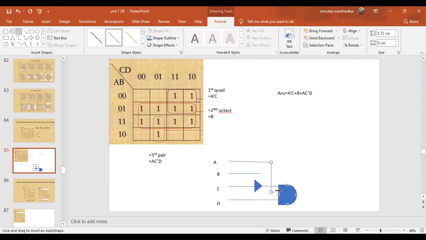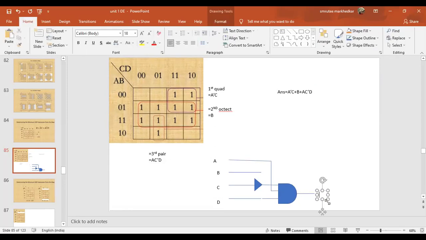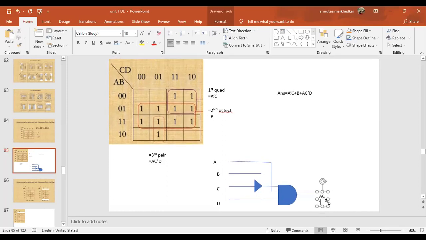So now here I have the output as A, then C bar and D. I got the first term.